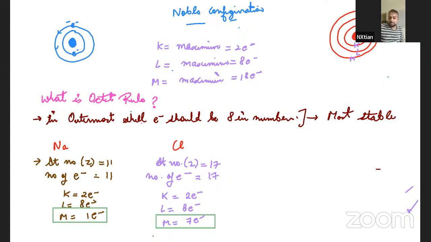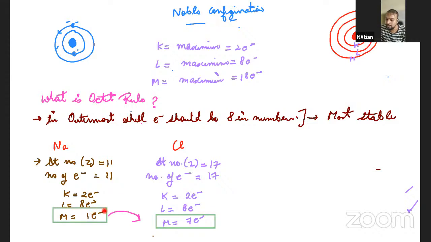So now I will ask a question. What can Na do? Na will give Cl one electron, and then they'll both be stable. Okay. See, if Na gives this one electron to Cl in making a compound, then this M shell will disappear.